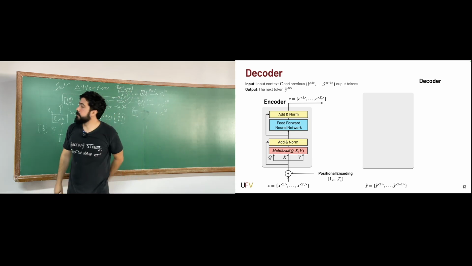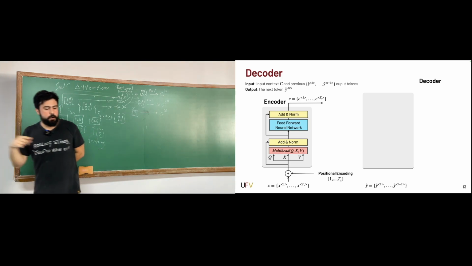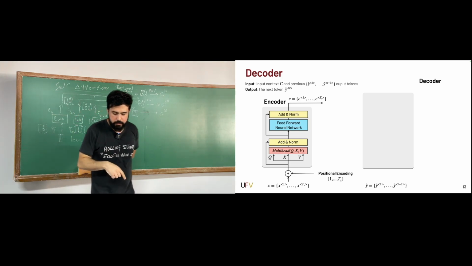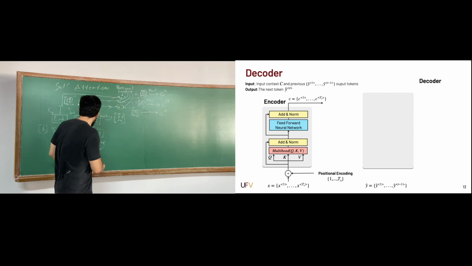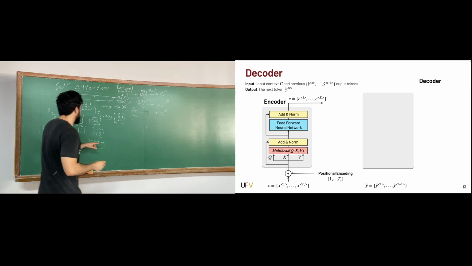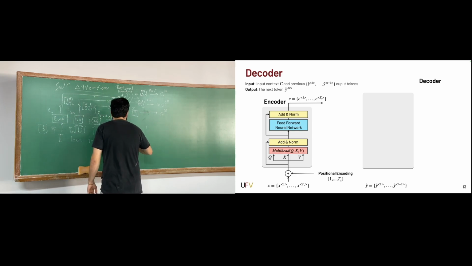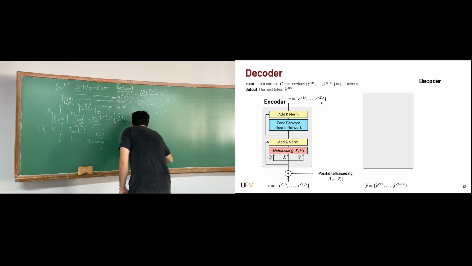So here we're going to feed the decoder all the decoded words so far. Imagine I already translated "I love", so "eu amo" would be my y hat 1 and y hat 2.